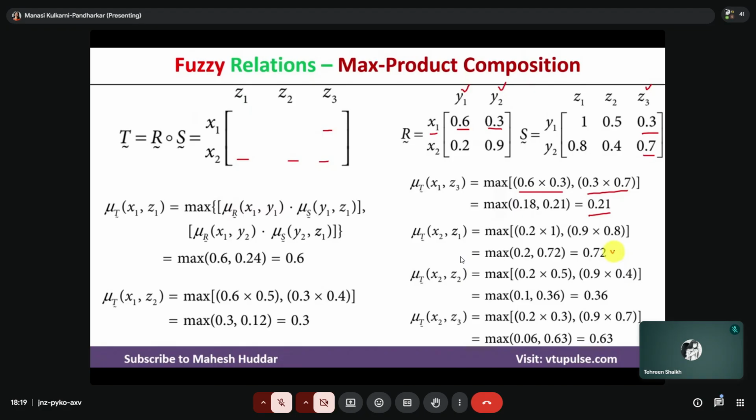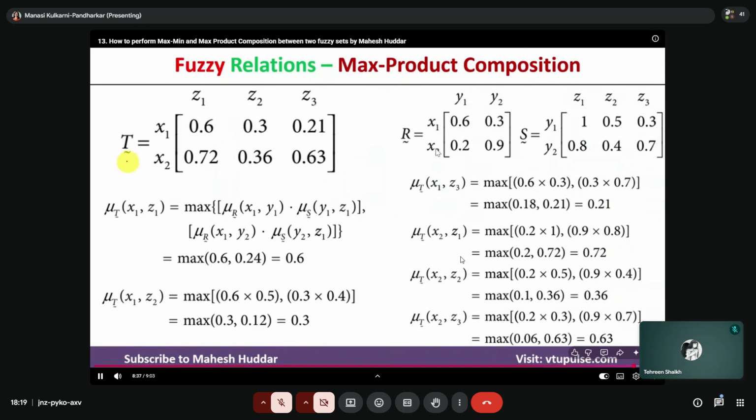Waiting for your responses. Ma'am, calculated. 0.72, 0.36 and 0.63 are the remaining membership values here. Once you put all these membership values, the fuzzy relation P after performing the composition, you have to write down the final T. The final T will be like this. Is it clear? So this is how you are going to get your final T over here. Are you with me?